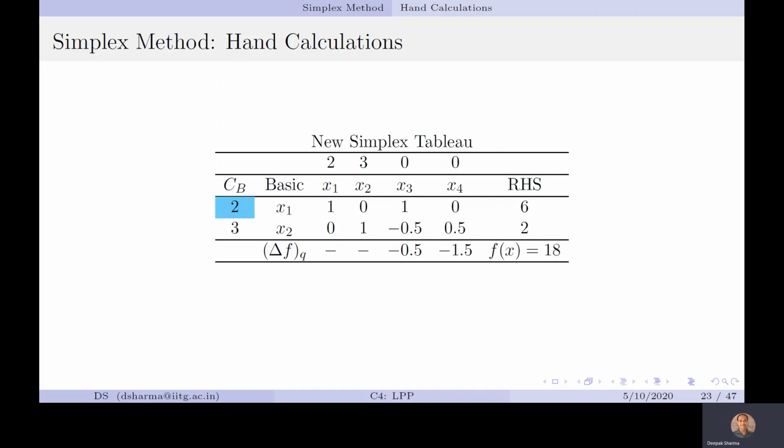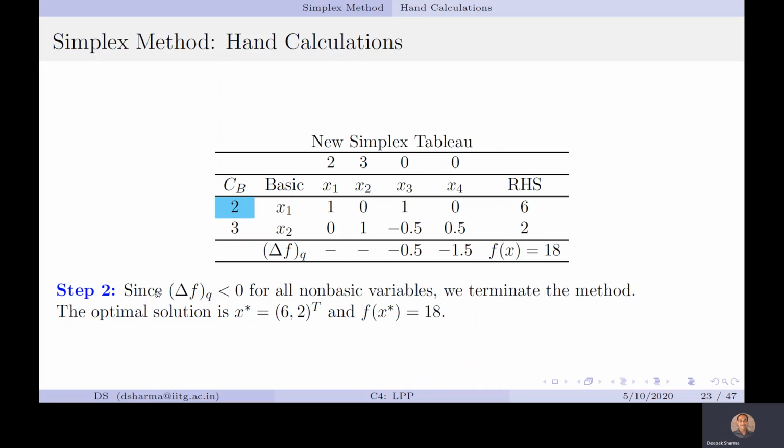Now, at this particular stage, if we find the delta FQ values for the non-basic variables, which are currently x3 and x4, both of the values are negative, meaning that there is no way we can further improve our objective function. So we should terminate.